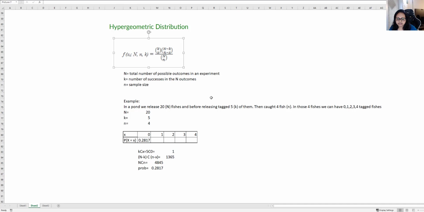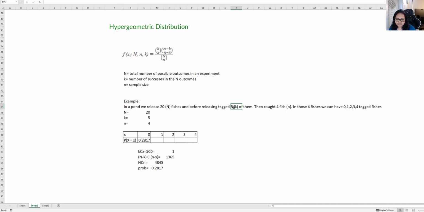So in this discrete distribution, let's say in a pond we release 20 fishes. I'm not saying what kind of fish, maybe the same kind or different kinds. Before releasing them, I tagged 5 of them. That means from the population size of 20, we have 5 successes. Whenever we have a tagged fish, that's a success.